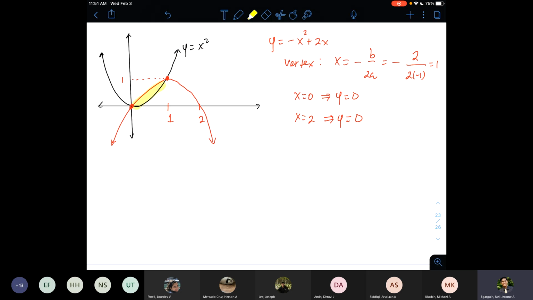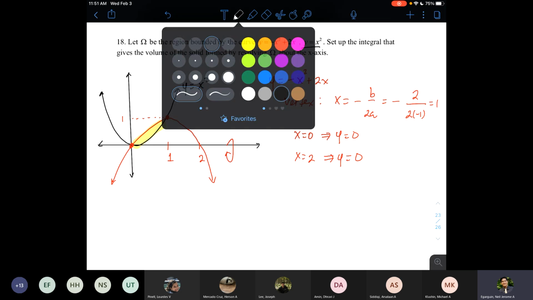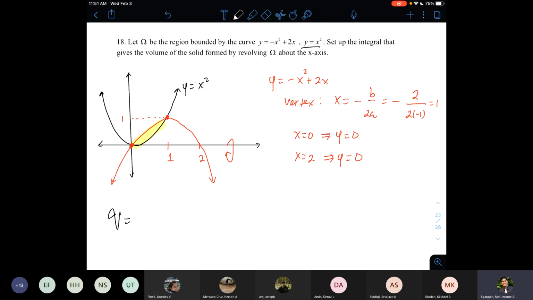And then the AOR is what? The AOR is the x-axis. So we revolve it around this. Again, since we are using the disk or the washer method, we need strips that are perpendicular to the axis of revolution. So I will use vertical strips.